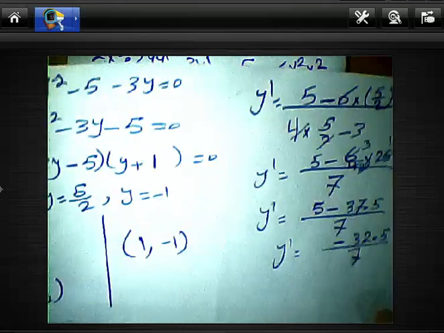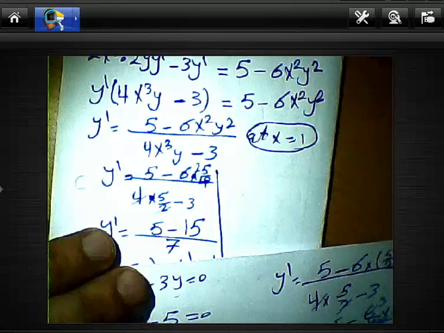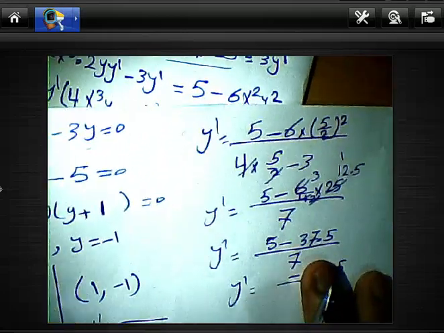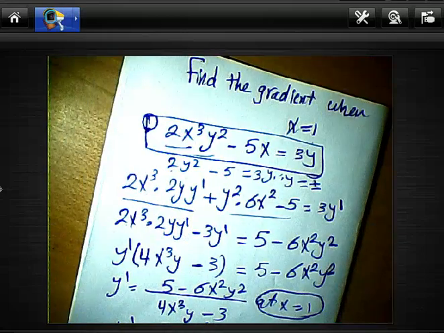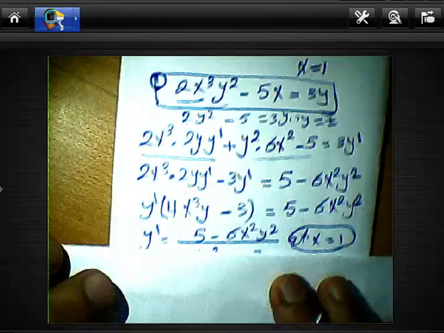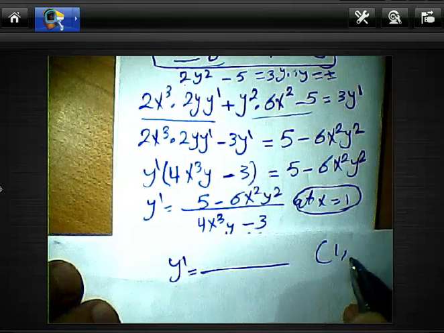And when x equals 1 and y equals negative 1, we can find y dash. So y dash will be equal to what? We can complete it here. When x equals 1 and y equals negative 1, we can find y dash at 1, negative 1.